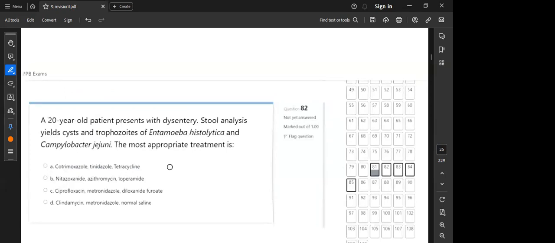A 20-year-old patient presents with dysentery. Stool analysis yields yeast and trophozoites of E. histolytica and C. jejuni. The most appropriate treatment is ciprofloxacin, metronidazole, and diloxanide furoate. Why that combo and not all the others?